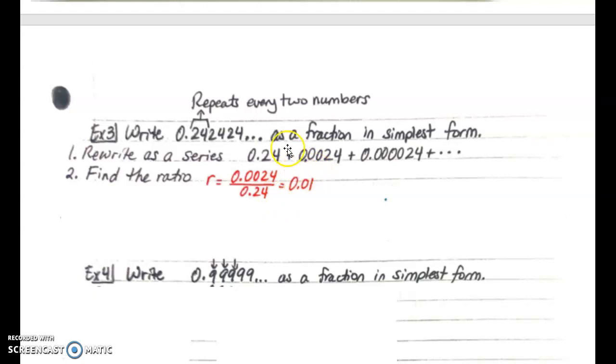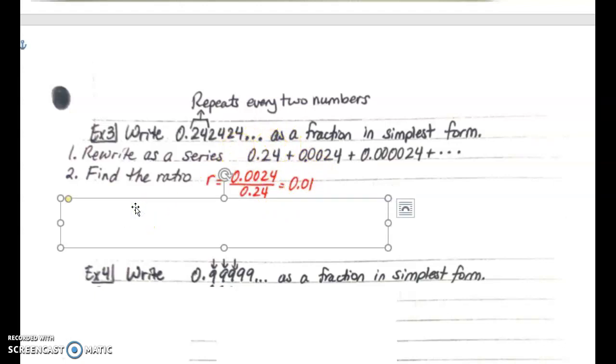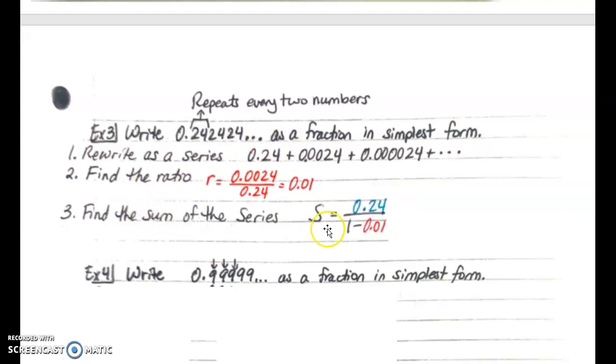Using the common ratio and your first term, you now take the sum formula for an infinite geometric series, and you use your a sub 1, 0.24, divided by 1 minus your common ratio, 0.01. And we just go through and simplify this. So this becomes 0.24 divided by 0.99.